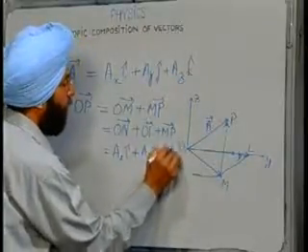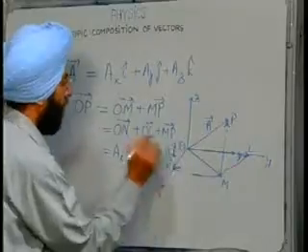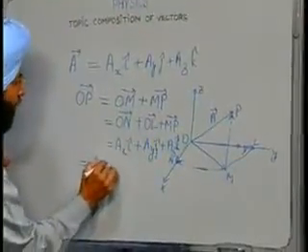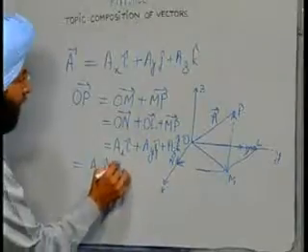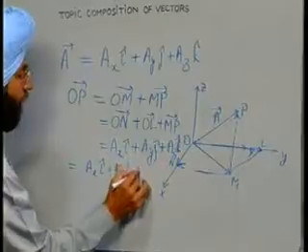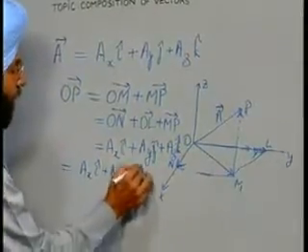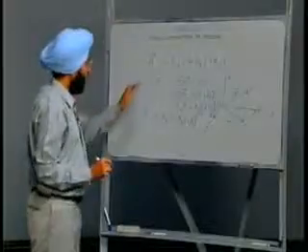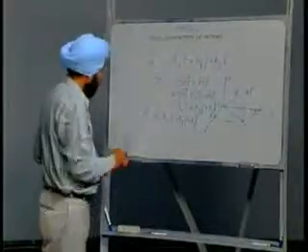MP is parallel to z axis. So, we can write this as AX is the x component, AY is the y component, AZ is the z component of A vector. So, we can write A vector like this.